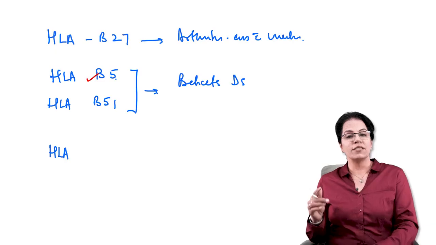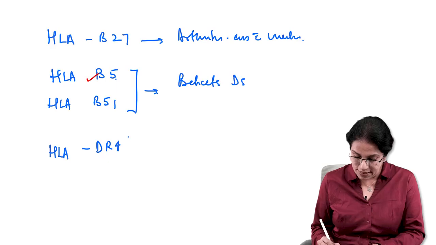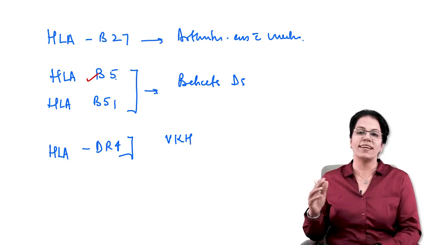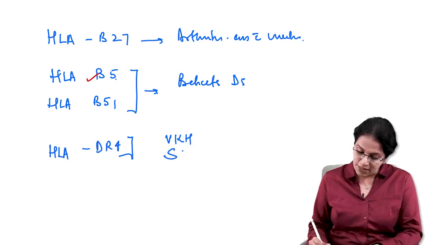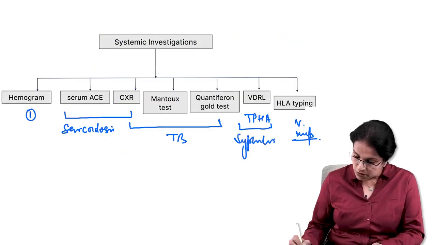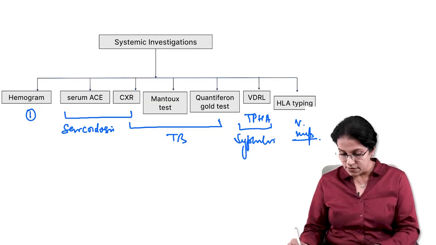And the last association that you have to know is HLA-DR4, right? So HLA-DR4 mainly is associated with VKH. What is VKH? Vogt-Koyanagi-Harada syndrome or sympathetic ophthalmitis. Okay? And of course, going back to HLA typing, mainly for arthritis, is there anything else for arthritis?